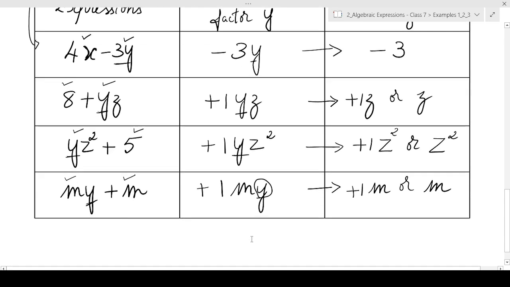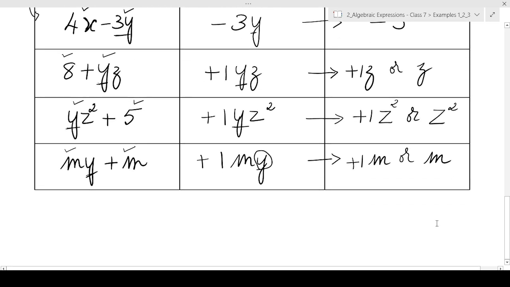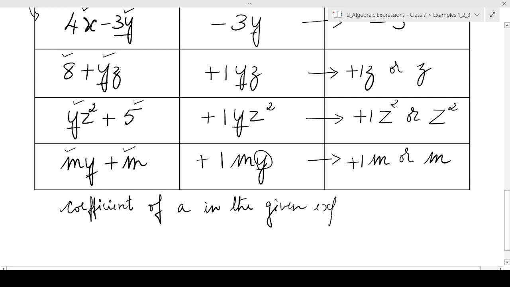Okay, now say for example, in case they've asked you to find out the coefficient of a in the given expression.